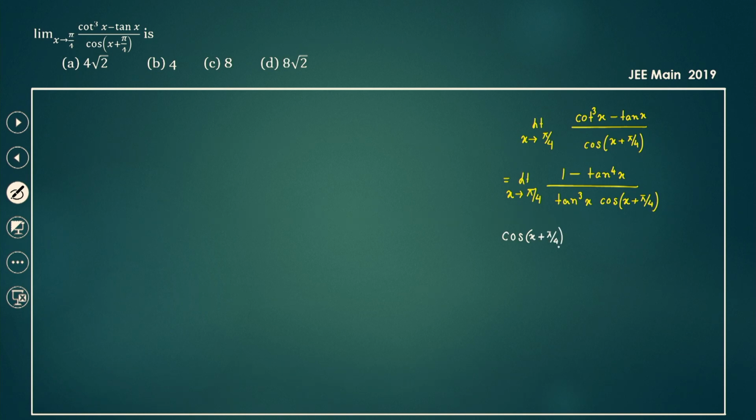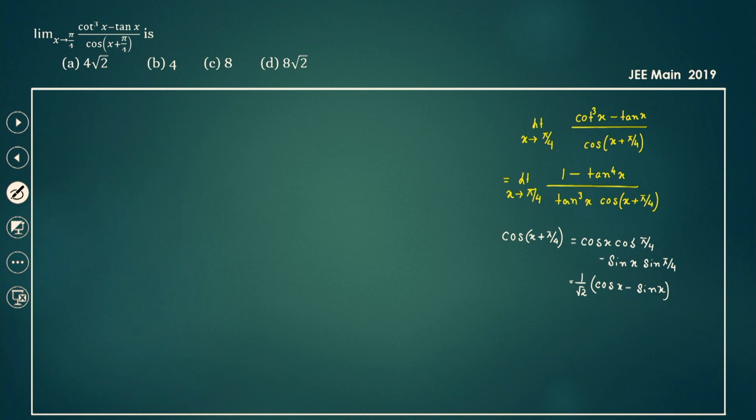We know this expansion, so that gives me cos x cos y, so cos x cos pi by 4 minus sin x sin pi by 4. Now the values of sin pi by 4 and cos pi by 4 are well known. Therefore this can easily be written as 1 by root 2, taking common, cos x minus sin x.